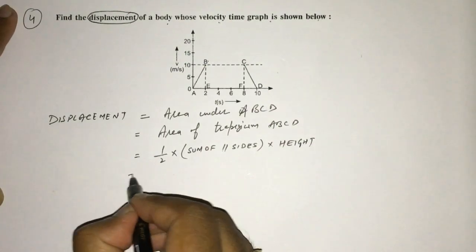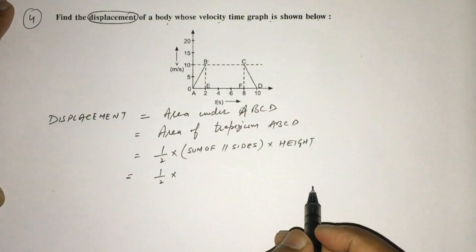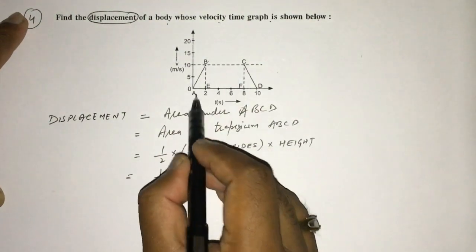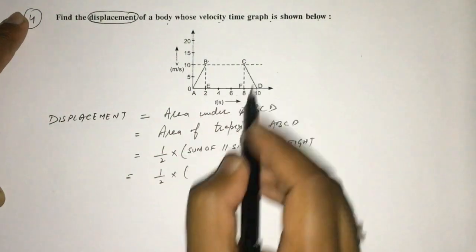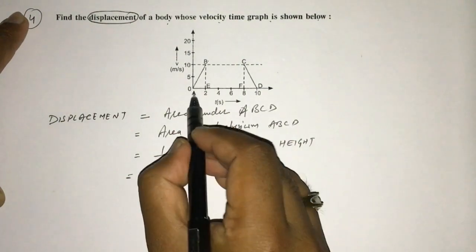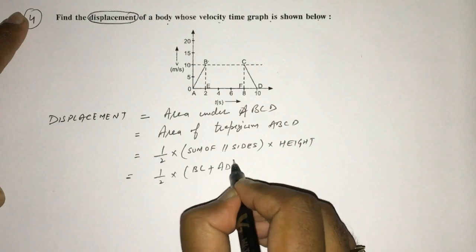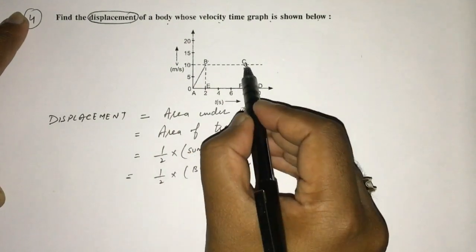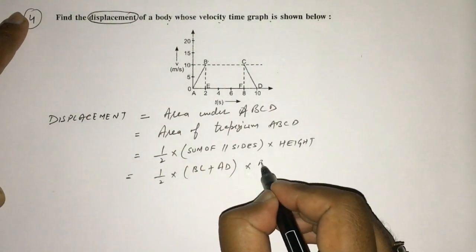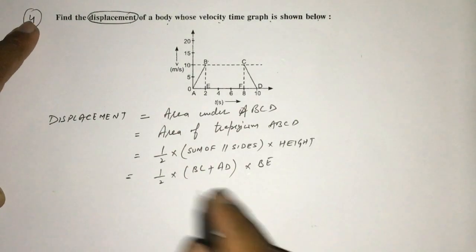So half, the parallel sides are BC and AD. Fine. Parallel sides are BC and AD. And the height of the trapezium is, look, BE or CF. Clear? Now put the values.